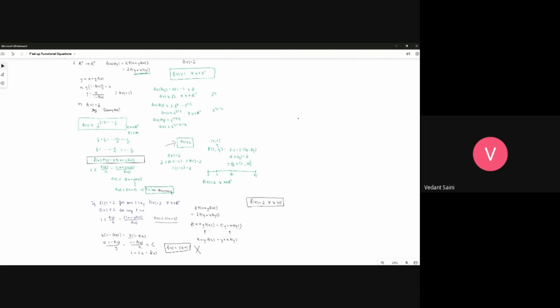Then we took two cases: if f of t equals 2 for some t, and if f of x is not equal to 2 for all t. The first case gave us the solution f of x equals 2 for all t. The second case gave us this solution, from which we obtained a contradiction.